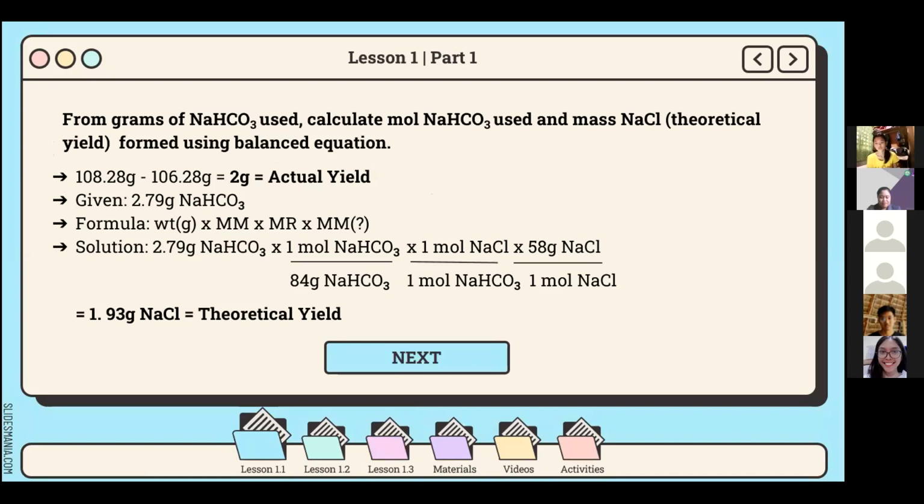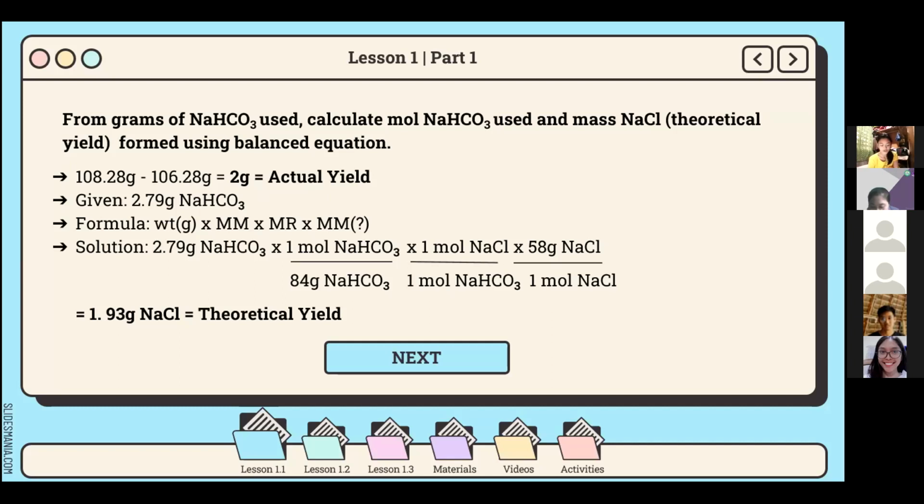So the problem given was: from the grams of sodium bicarbonate used, calculate the mole of sodium bicarbonate used and the mass of sodium chloride, which is the theoretical yield, formed using the balanced equation. For getting the actual yield, we need to subtract the weight of the empty beaker from the mass of the beaker with sodium chloride after evaporating.